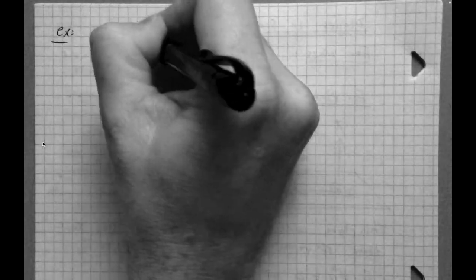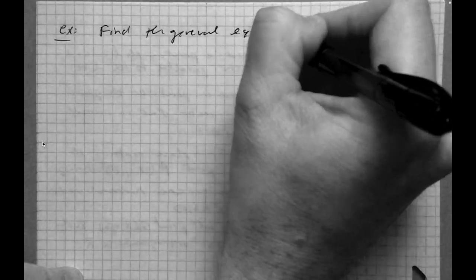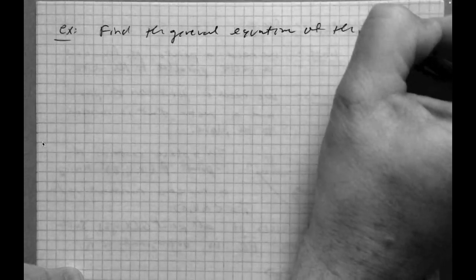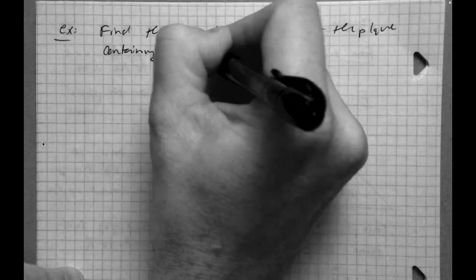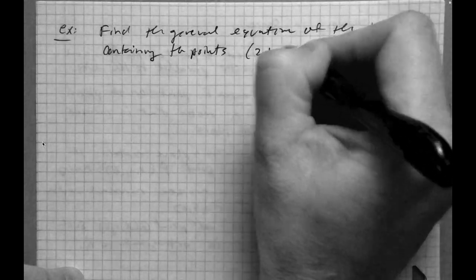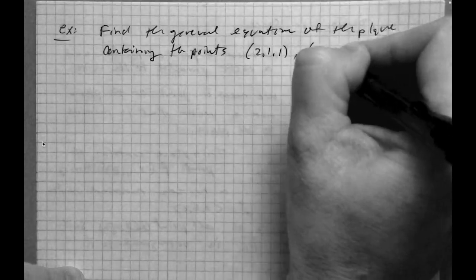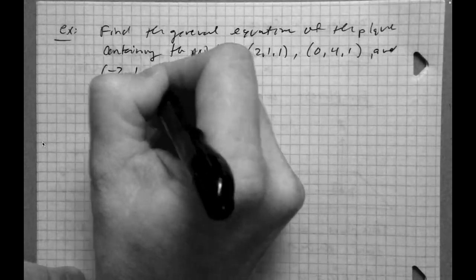All right, let's say we want to find the general equation of the plane containing the points (2, 1, 1), (0, 4, 1), and (-2, 1, 4).